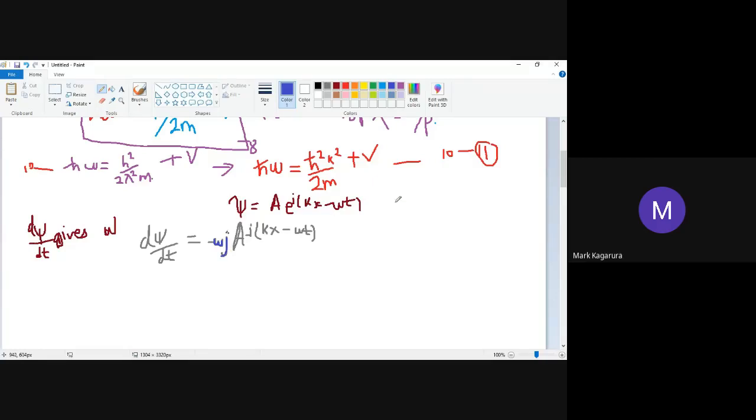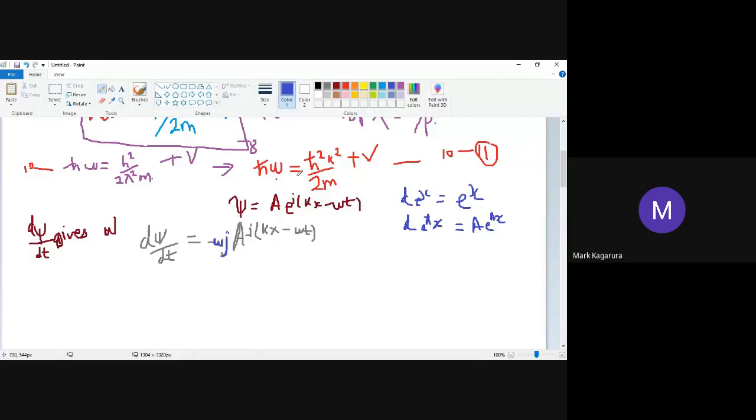Because remember, once you differentiate e^x, it just becomes e^x, like nothing has happened. If you differentiate e^(ax), you get a e^(ax). So here you just don't have a constant. So we get dψ/dt, and it's that. So our omega is sorted.